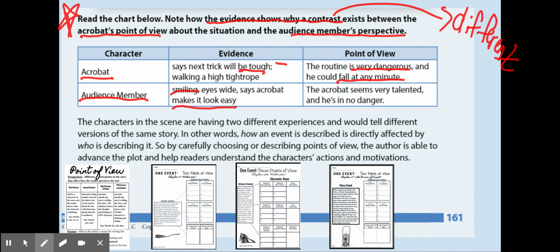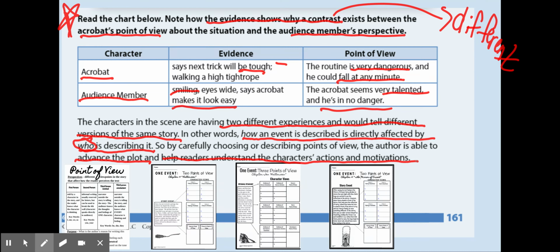So, by carefully choosing or describing points of view, the author is able to advance the plot and help readers understand the characters' actions and motivations. So, just like if you notice down here, I have our point of view charts that we did for Harry Potter. So we've got our notes that we have in our source book right here.